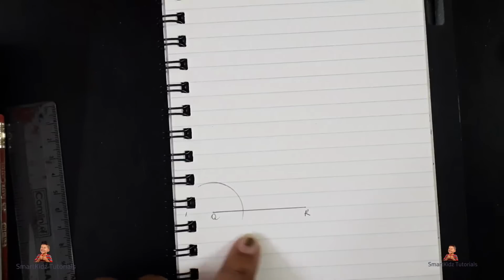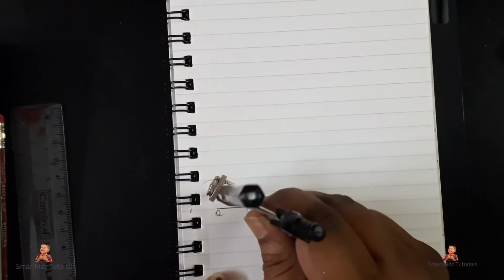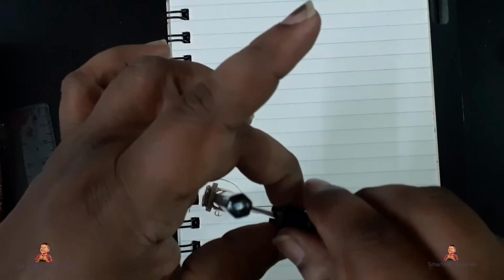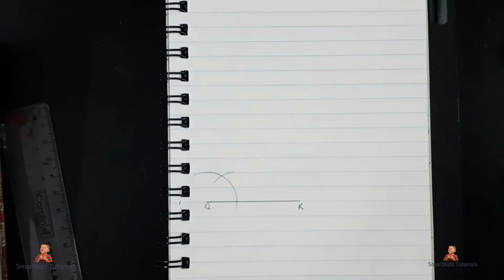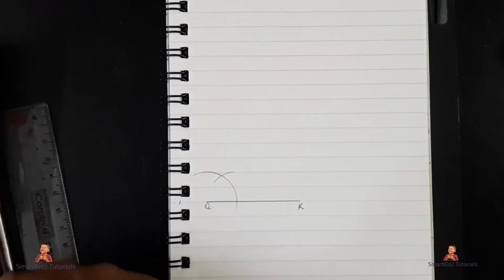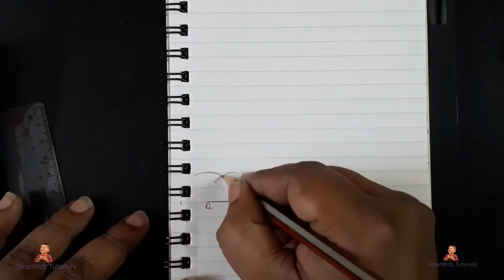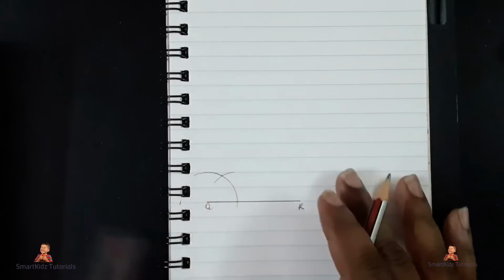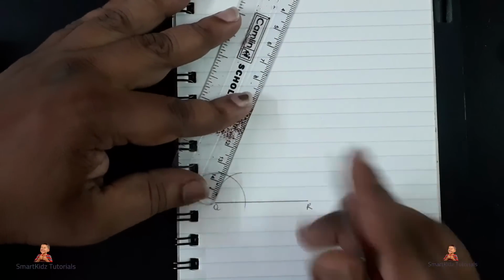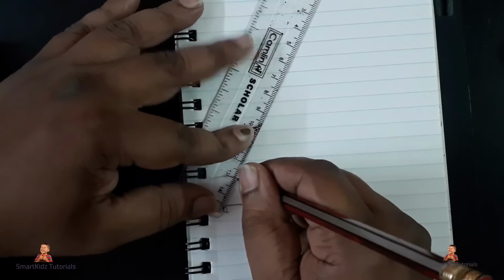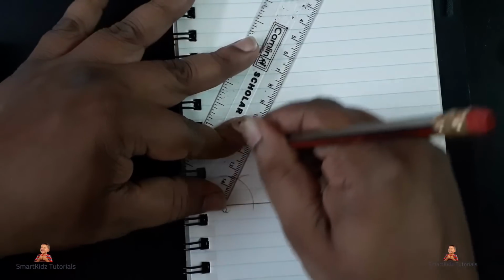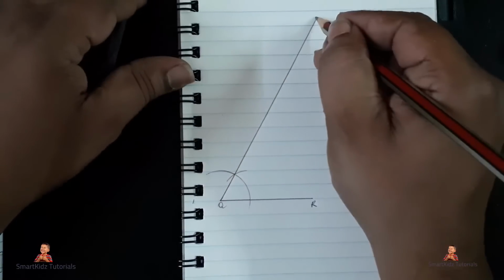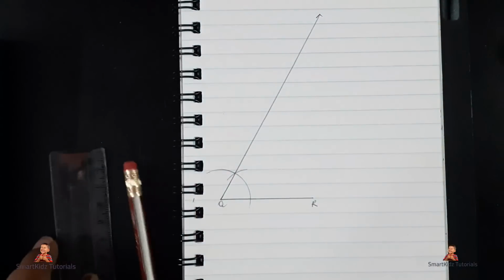Next, using the same measurement, where this arc cuts this line, we use that as a new center and cut this original arc. So where the two arcs cut each other, we'll mark that point. And I'm going to draw a line from Q passing through this point this way. So that's our 60 degrees.